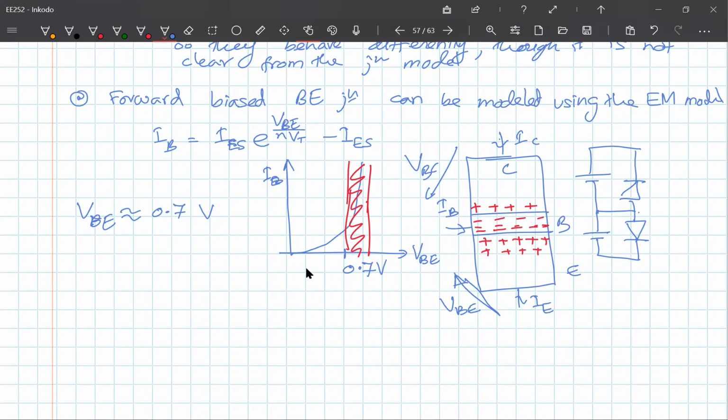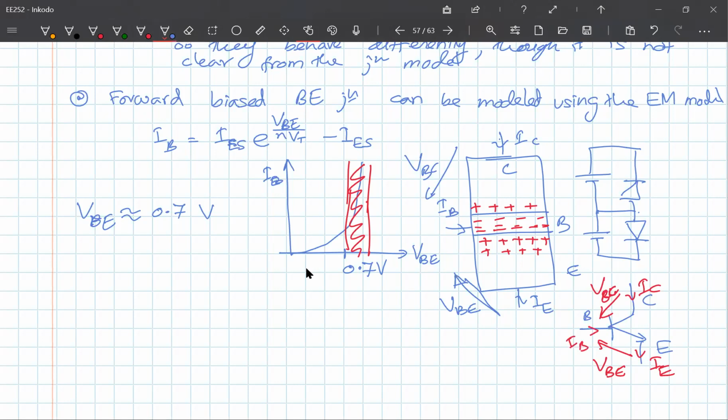What is IC and IB? So we have the transistor, right? We have the base, collector, emitter. This is VBE. This is VBC. IC, IB, and IE.